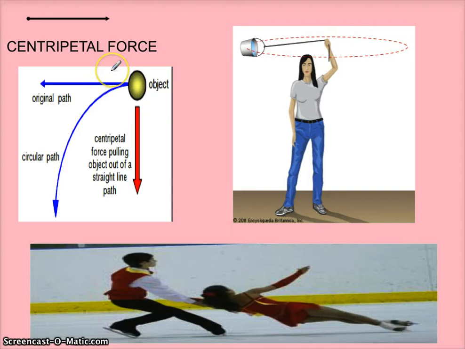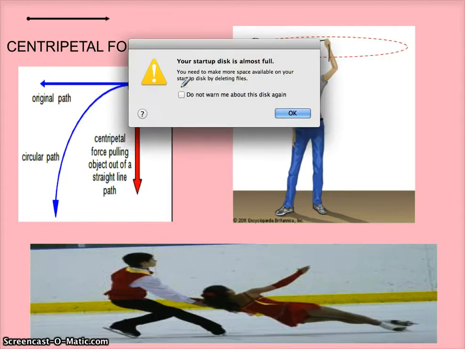Let's talk about centripetal force. What about objects moving in a circle? Multiple forces are certainly going to be at work here. Now, Newton's second law stipulates that the object accelerates in the same direction as the force.